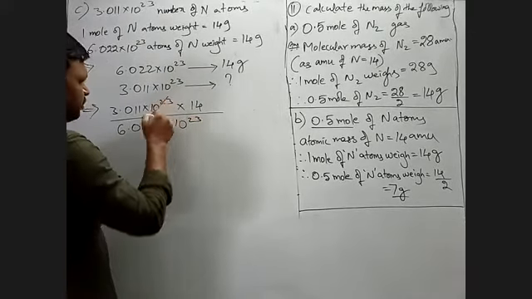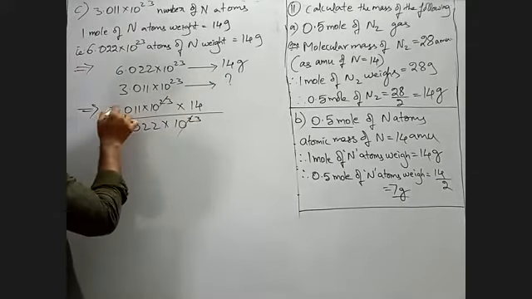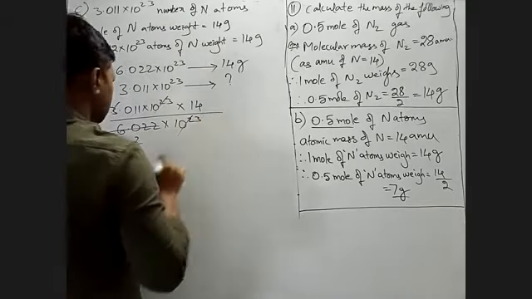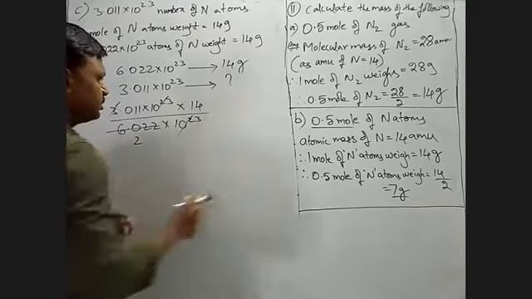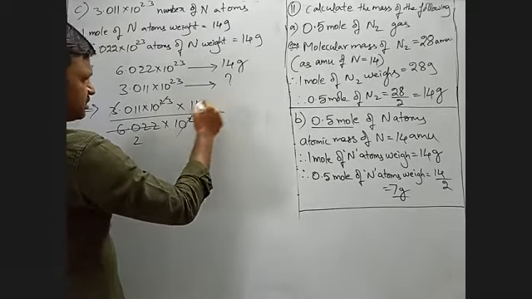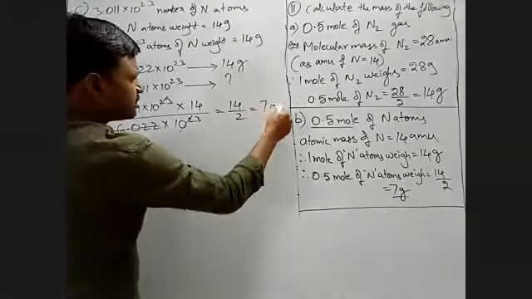The 10 power 23, both are gone. So this is exactly 2 times. So what is remaining here? 14 by 2, that is nothing but 7 grams. Understood?